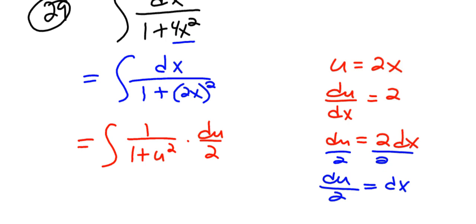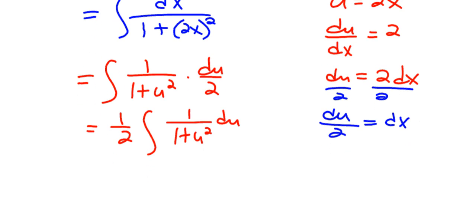That 1/2 really is what I'm going to factor out of my integrand as a coefficient. And I now have 1 over 1 plus u squared du. This now is becoming much easier to see what the antiderivative of this would be. It would be 1/2 tangent inverse of u plus c.